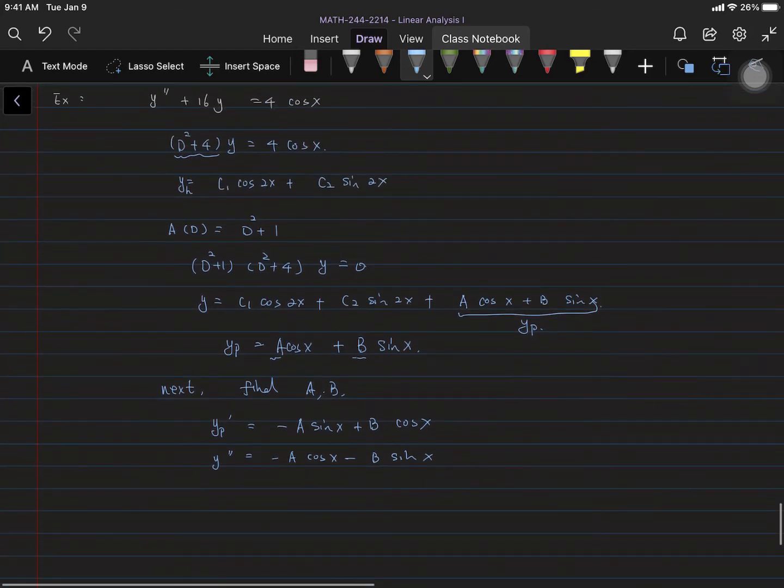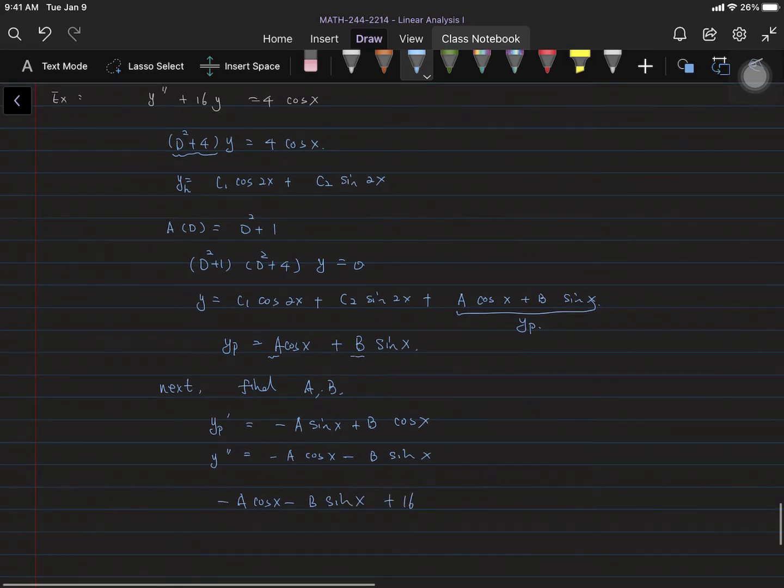Okay, and then we plug this into which one? Original differential equation, which is d squared, second derivative. So negative A cosine x minus B sine x plus 16 y is 16A cosine x plus 16B sine x. And the right side equals 4 cosine x.